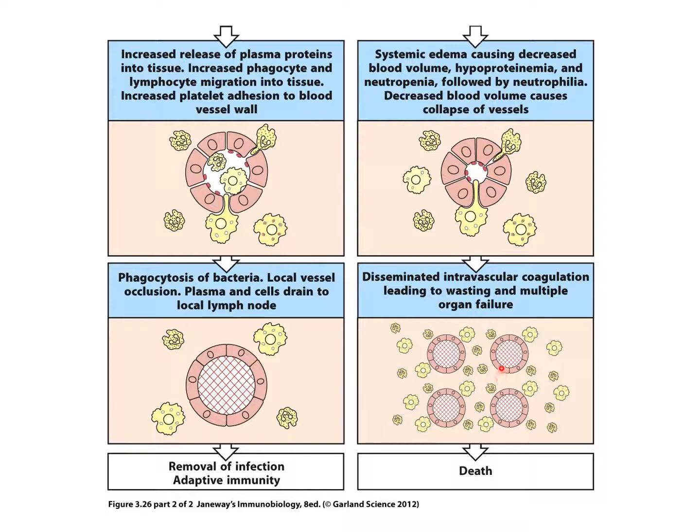Problem if it's disseminated, if it goes systemic, you get multiple blood clots through multiple different capillaries, through multiple arteries and veins. These move, these get caught up, form bigger and bigger clots, and like I said, you either get inhibition of blood flow to the heart or to the brain, resulting in death.